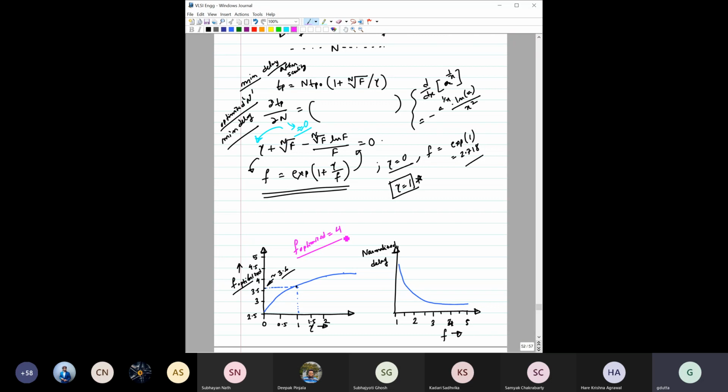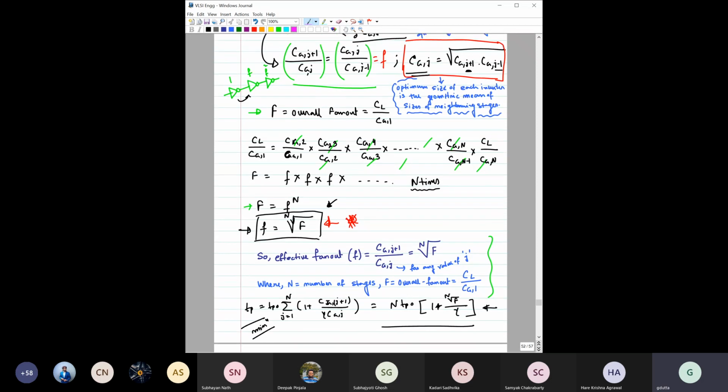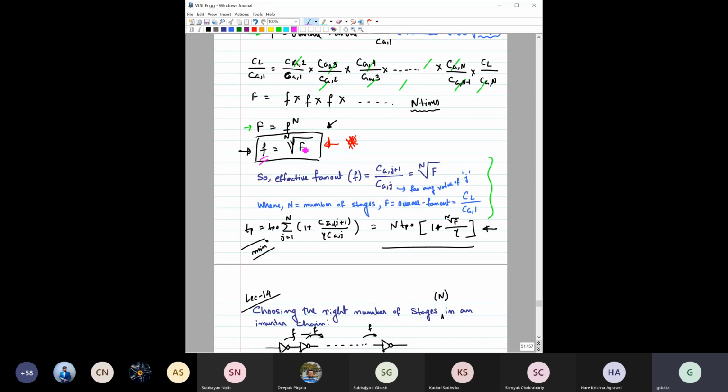So please try to understand what we are trying to do from here. This f is the effective fan out. We are finding this expression for minimum delay for a known value of n, right? Again, what will be the value of n? We should first answer that, because this f is fixed, f is this output by input capacitance.